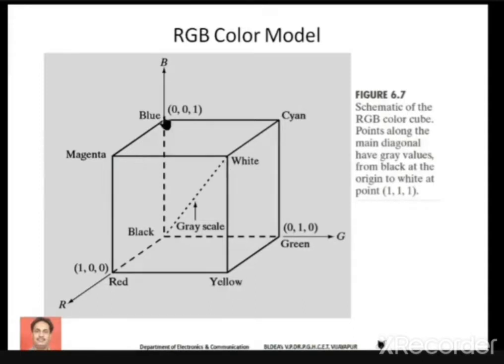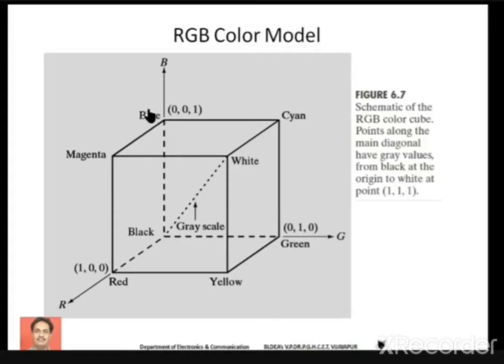It is very simple to understand this diagram. As we discussed in the previous session, R and B, the mixture of red and blue color, yields magenta. That's why this corner of the cube is represented as magenta. Similarly, we have seen that G and B, green and blue, yield cyan.